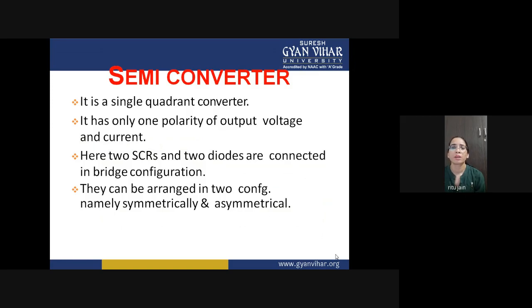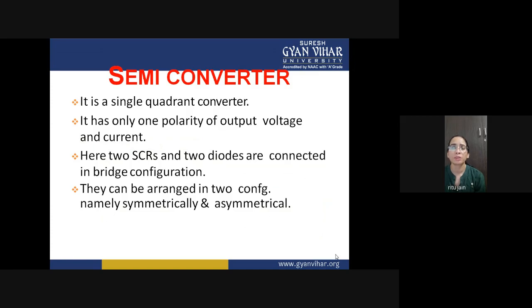Now, why is this called a semiconverter? Because in single phase conversion, we are using two SCRs and two diodes, and both are connected in a bridge configuration.